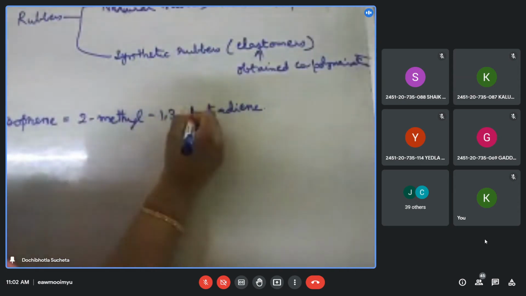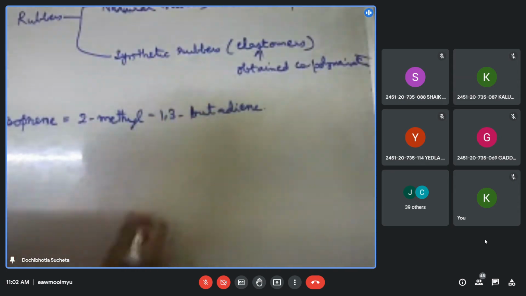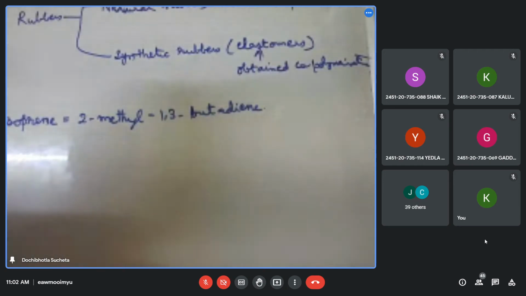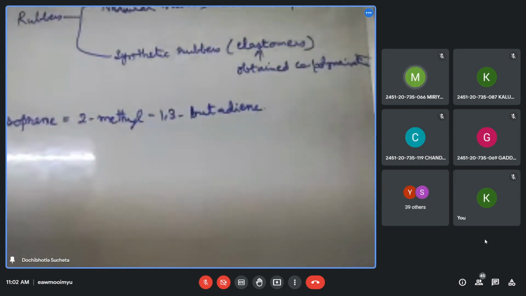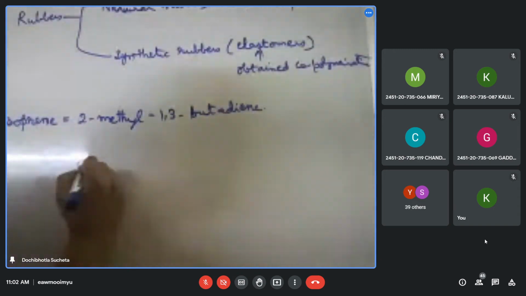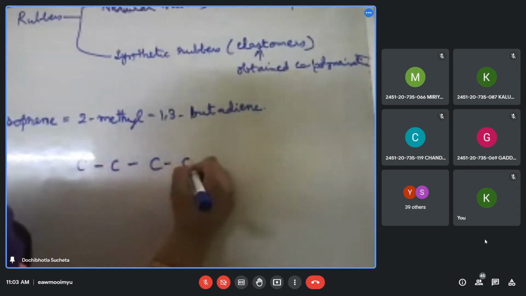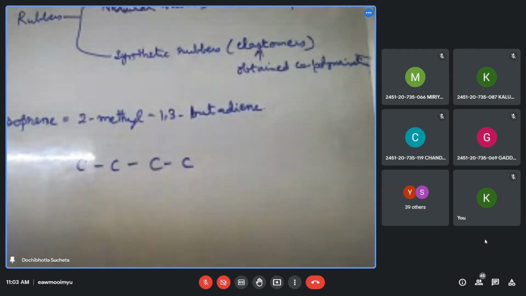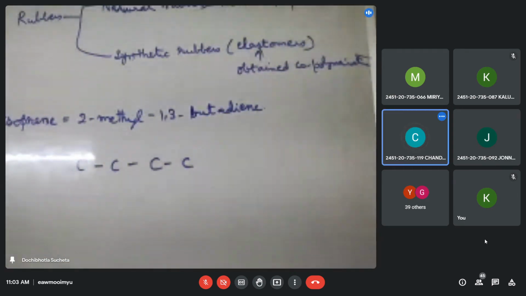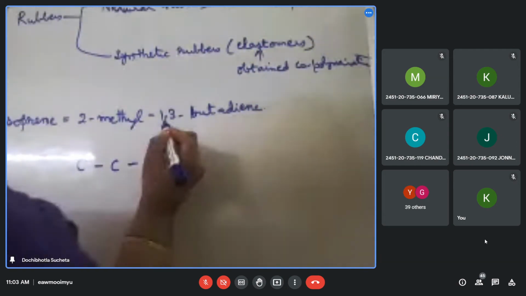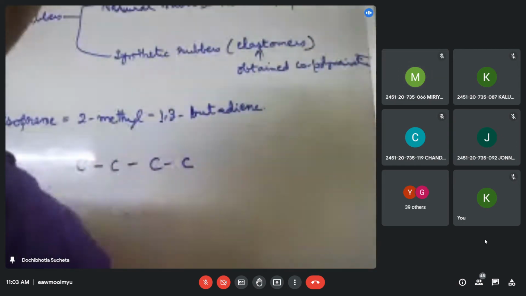So buta means how many carbons? 4. Now can you write the structure? 1, 2, 3, 4 carbons. Diene means how many double bonds? 2, ma'am. At what positions? On first carbon and third carbon.